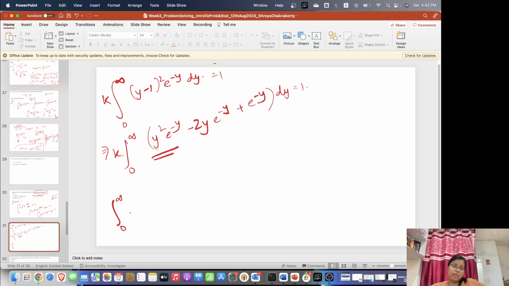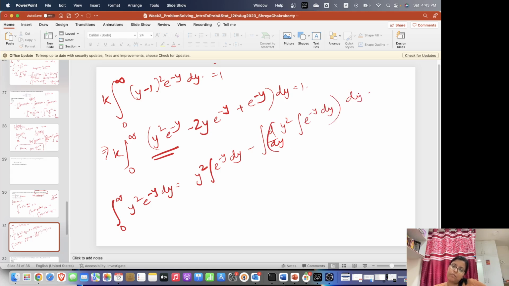The integration from 0 to infinity of y square e to the power minus y dy is y square times the integration of e to the power minus y, minus the integral of the derivative of y square times the integration of e to the power minus y.